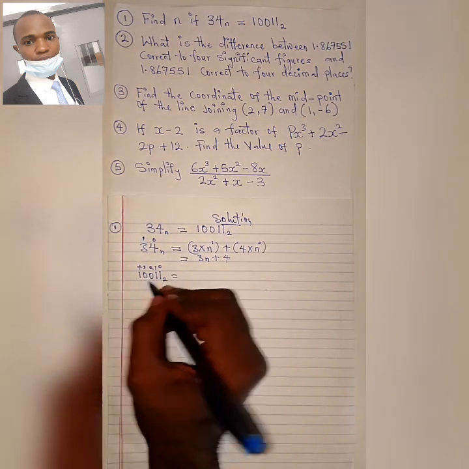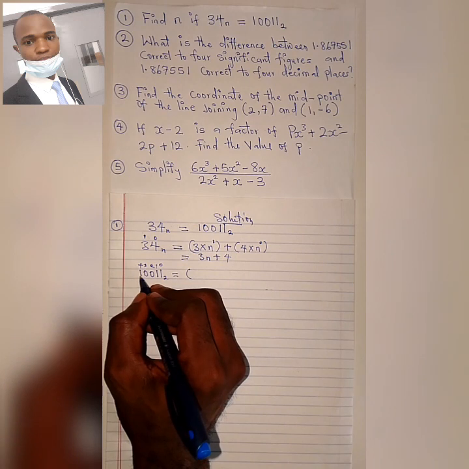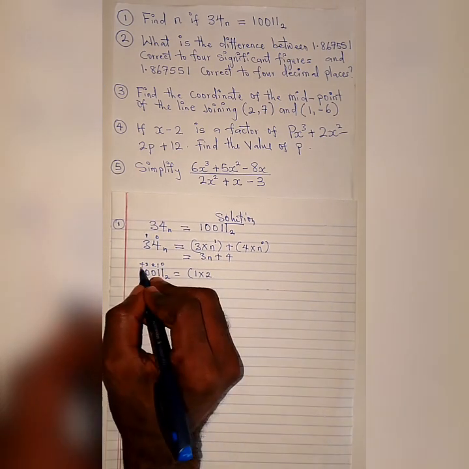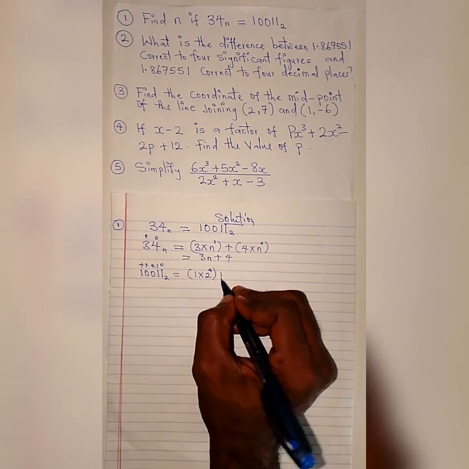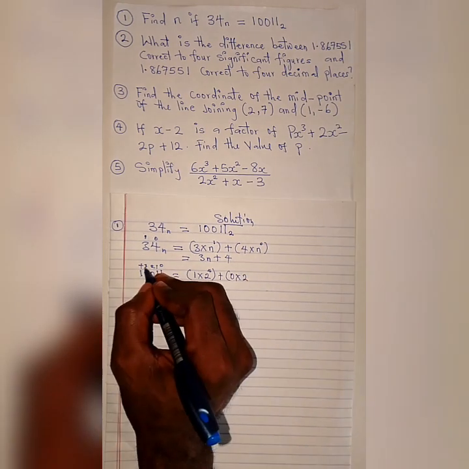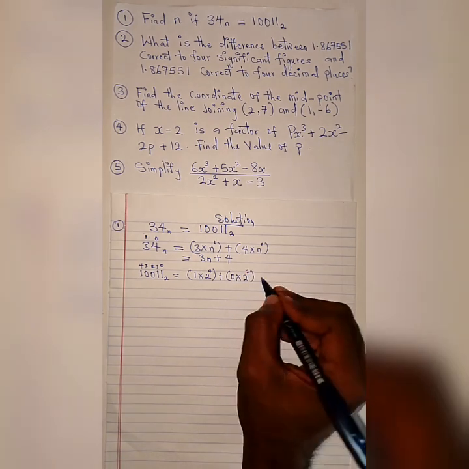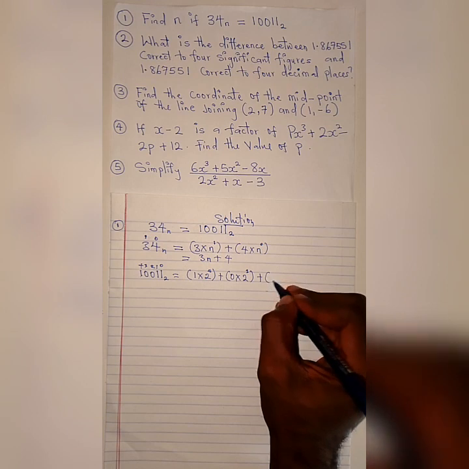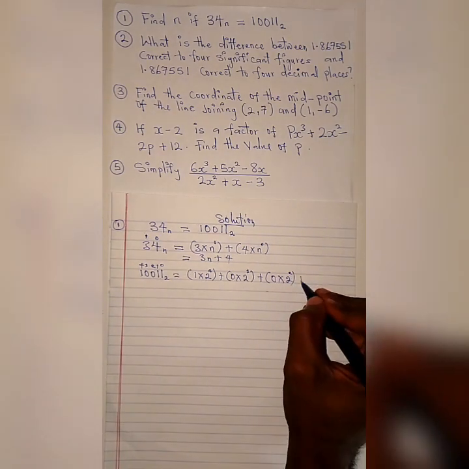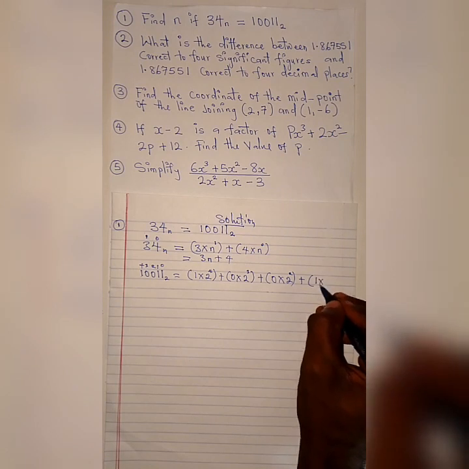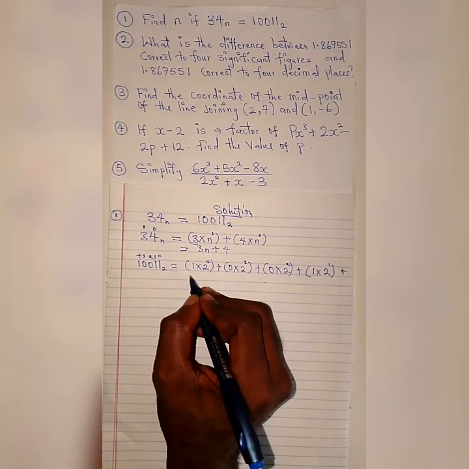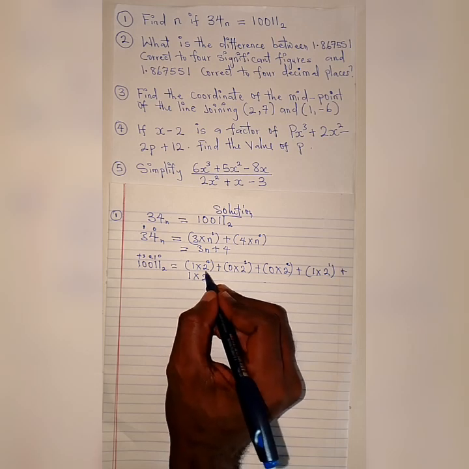Starting with the first digit, I will say 1 times 2 raised to the power of 4, plus 0 times 2 raised to the power of 3, plus 0 times 2 raised to the power of 2, plus 1 times 2 raised to the power of 1, plus 1 times 2 raised to the power of 0.